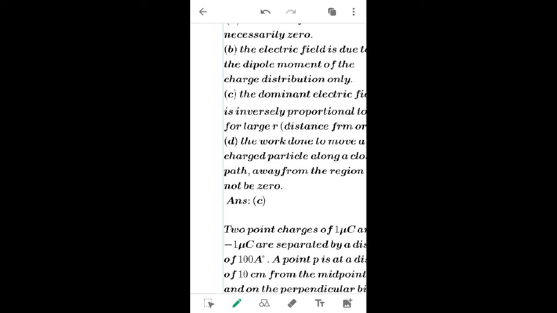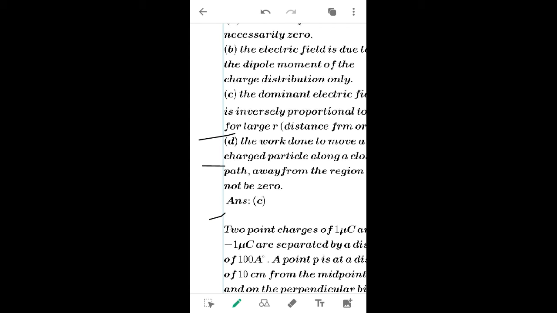The dominant electric field is inversely proportional to r cube for larger distance, and the work done to move a charged particle along a closed path away from the region will not be 0. So the option is C.